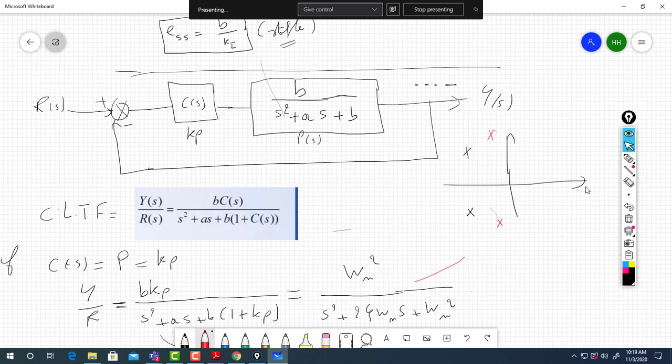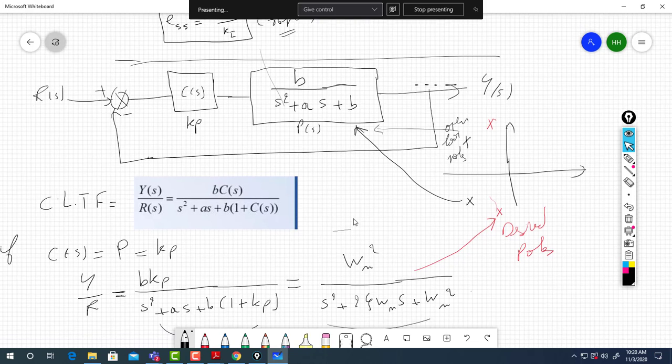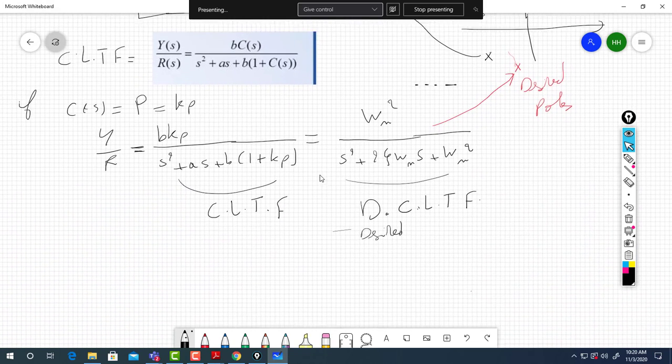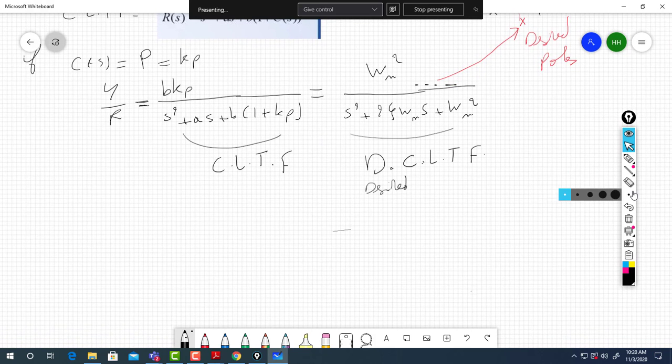So these are my desired closed loop poles, and these are my open loop poles. Then you do the comparison with the first order approximation as a starting point.